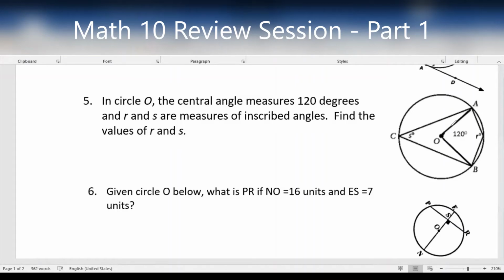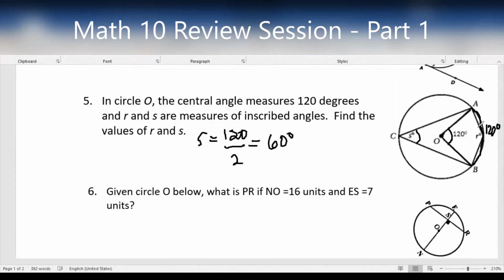Given 120 degrees, which is the central angle, the intercepted arc, which is A to B, is also 120 degrees. If we are looking for angle S, which is an inscribed angle, simply divide 120 by 2 to get the measure of angle S. So that is 60 degrees.